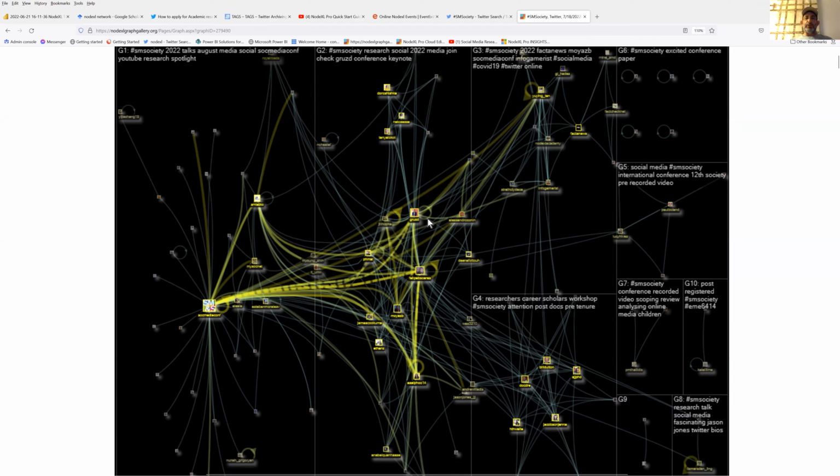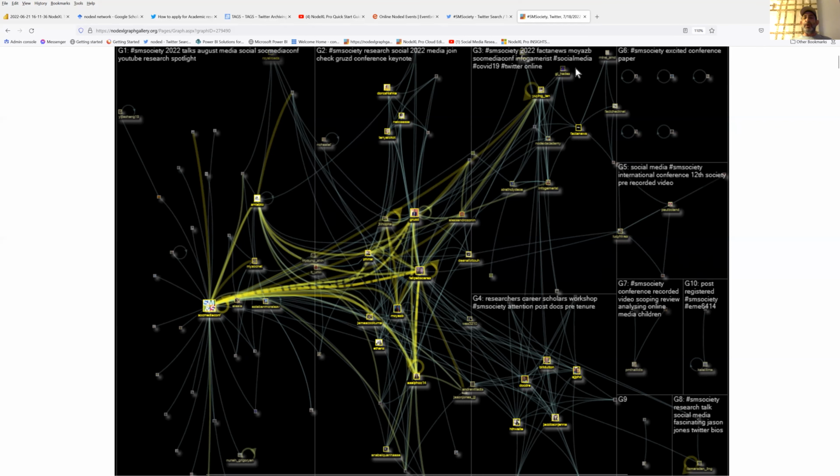But in this group, we can see this dense cluster of lots of accounts that not only retweet or respond to the SM Society account, they also densely interact with one another. And these are the members of essentially the community at the center of SM Society. And there are some other smaller clusters. These are maybe smaller break-off areas of discussion.